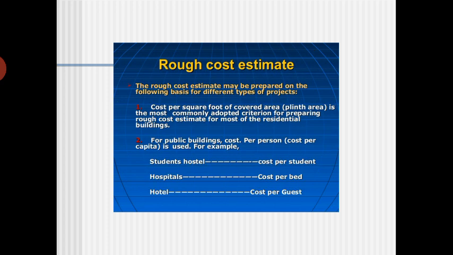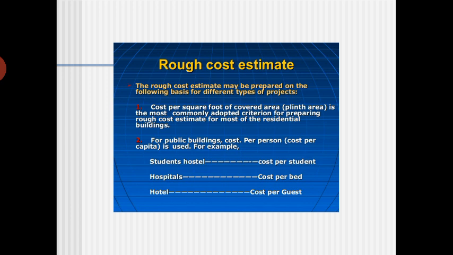So normally the rough cost estimate may be prepared on the following basis for different types of projects. Cost per square foot of the covered area is the most commonly adopted criterion for preparing the rough cost estimate of most residential buildings. For public buildings, such as student hostels, hospitals, hotels, it is always calculated per person.